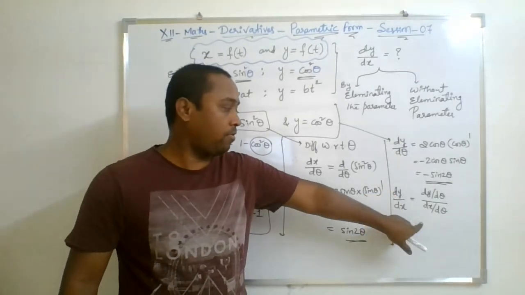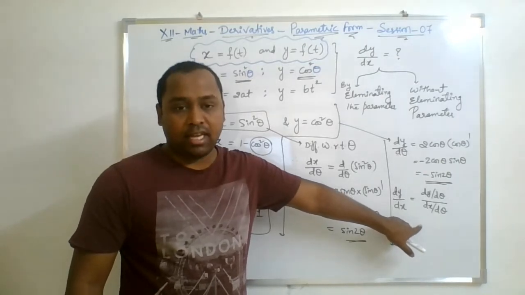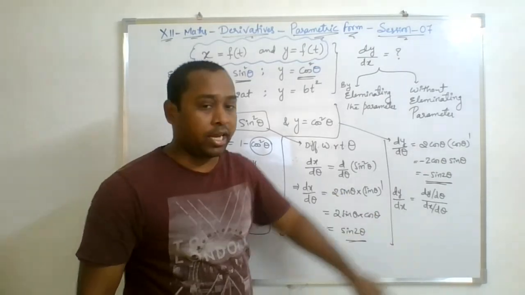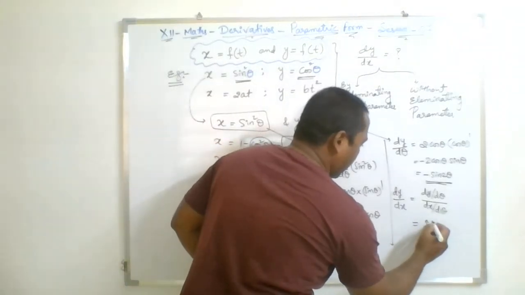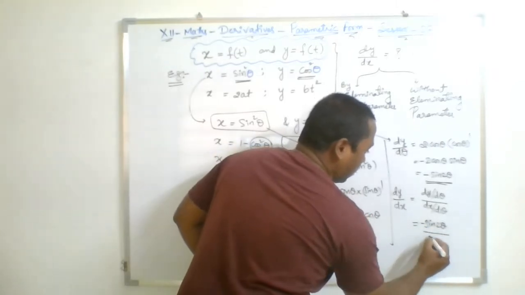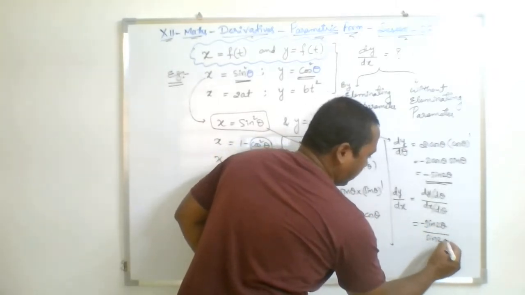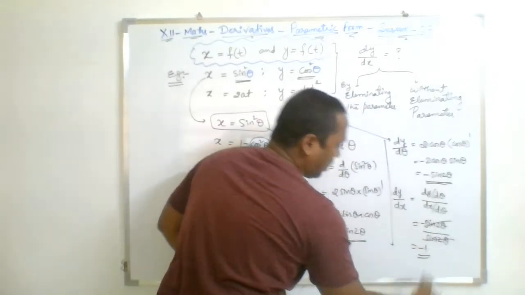This is the formula to get dy by dx, obtained from the chain rule again. So dy by d theta is minus sine 2 theta upon dx by d theta, which is sine 2 theta. It completely cancels, so minus 1 is the answer.